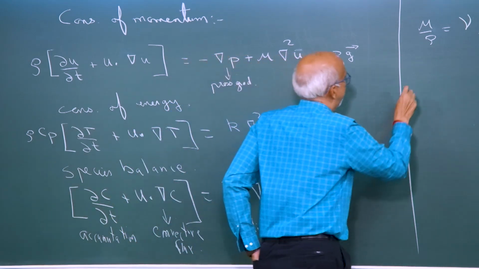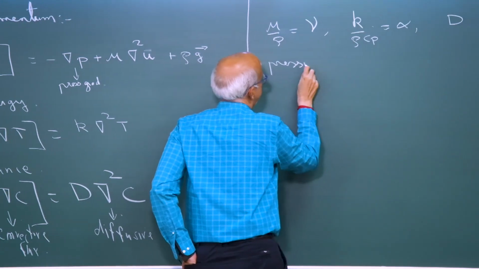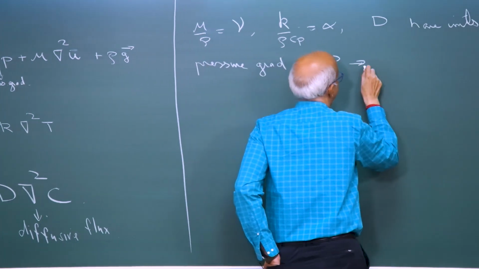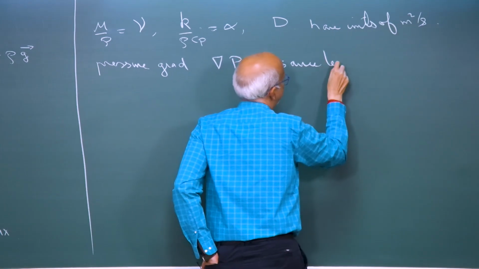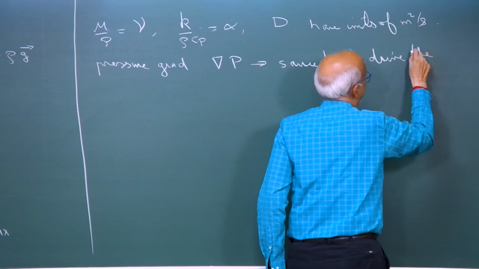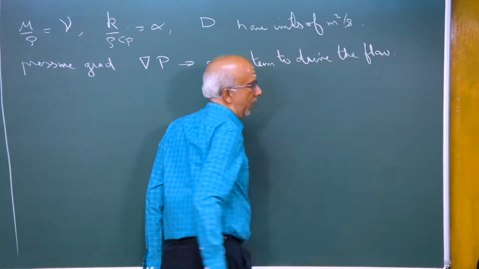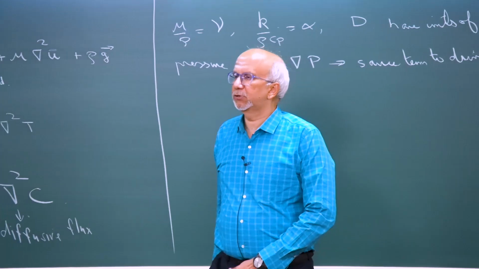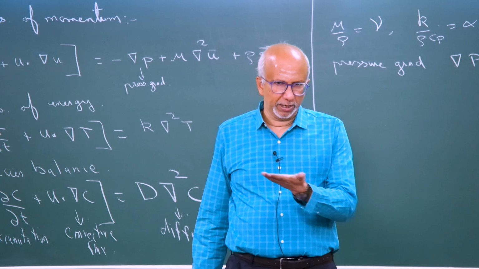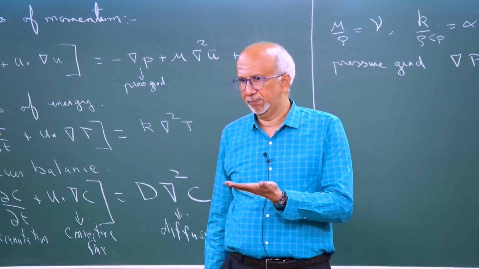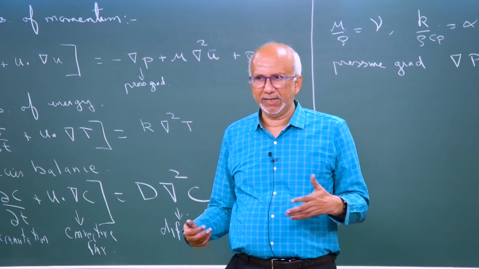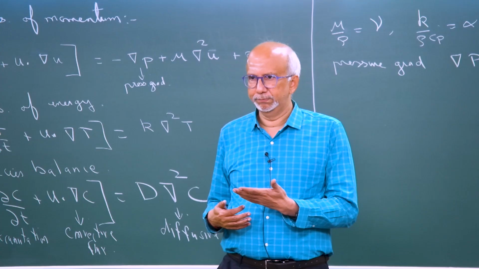Normally we are used to this pressure gradient delta P as the source term to drive the flow. There may be problems where there is no pressure gradient, but still you have flow. For example, the Couette flow problem where you have one of the walls moving, okay. So, you can possibly have a flow situation even without a delta P, but something has to generate it. It could be the Couette flow.